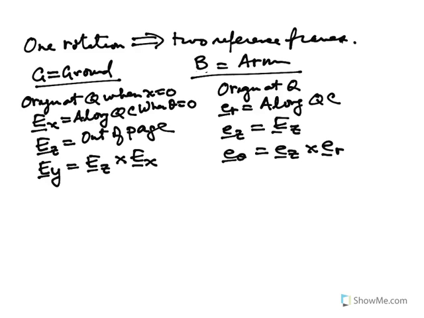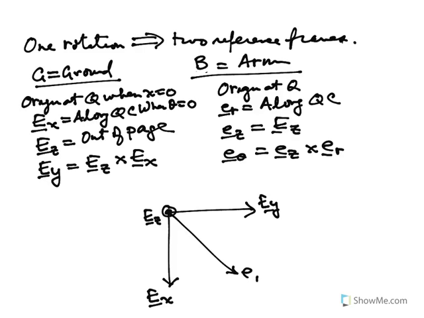So now if you look, you'll see that these coordinate systems are as follows. Base E is EX, EY, EZ is out of the page, and then I have ER, and then E theta, and then little ez is equal to big EZ. The angle here is theta.